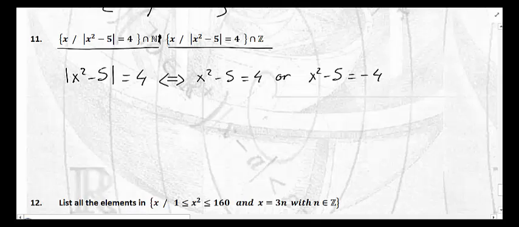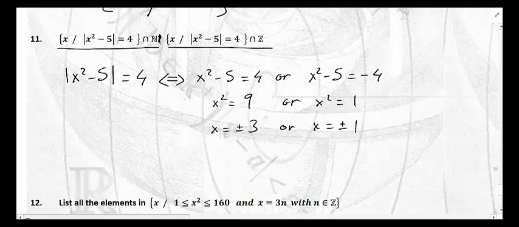So x squared minus 5 equals 4. How do you solve an absolute value equation? This is a way to write two equations. So this is if and only if, logically equivalent to x squared minus 5 equals 4, or x squared minus 5 equals negative 4. This is how you remove an absolute value with an equation, right? You should remember that. So we have x squared equals 9, which means x equals plus or minus 3, or x squared equals 1, which means x equals plus or minus 1.